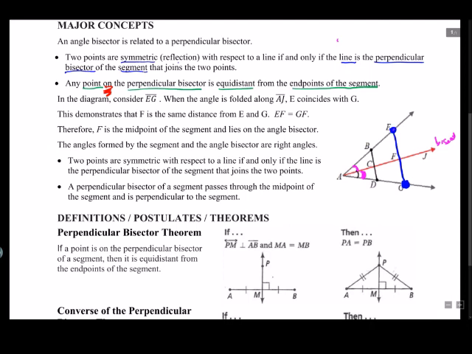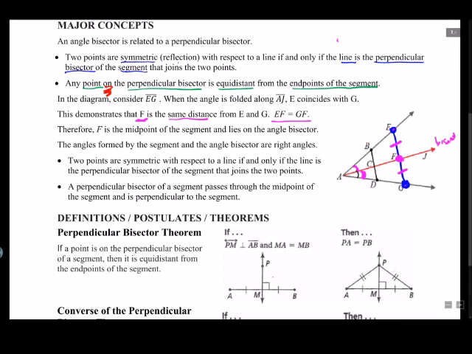Well, if E folds down onto G, this demonstrates that point F, right here, is the same distance from point E and point G. So our length EF is the same as our length GF, which means that those 2 pieces are congruent.